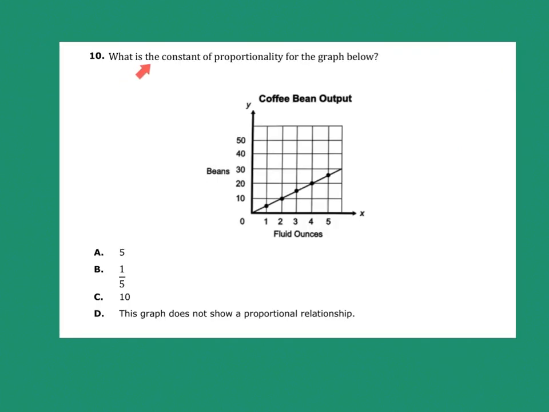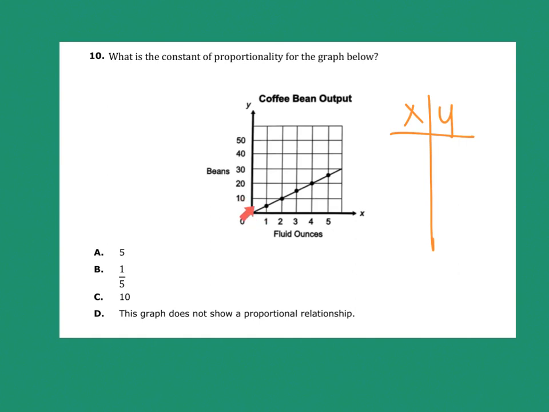Number 10, what is the constant of proportionality for the graph below? So we have our x and our y's. This first dot is lined up with 1, and then over here it's lined up with something that's between 0 and 10.